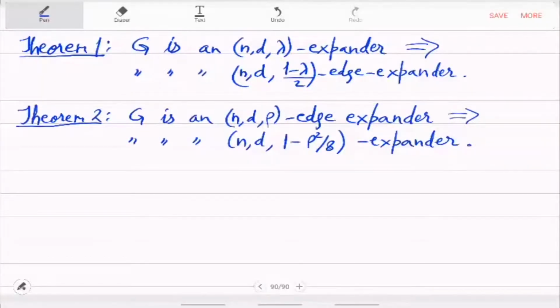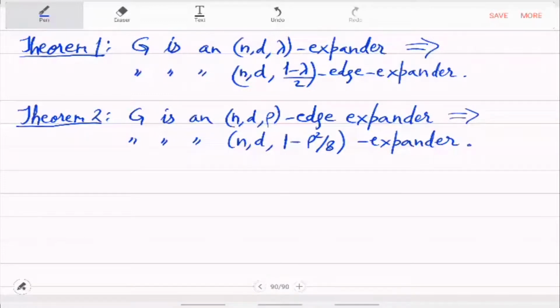And theorem 2 is the converse. So if G is an (n, d, rho) edge expander, then G is an (n, d, lambda) expander. So what can you say about the second largest eigenvalue of edge expanders? That is the question. It will not quite be the converse of theorem 1, it will be slightly weaker.